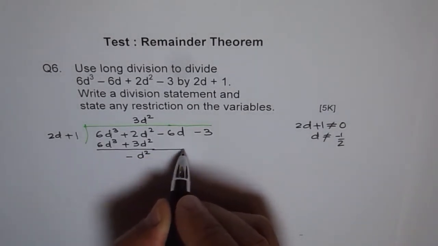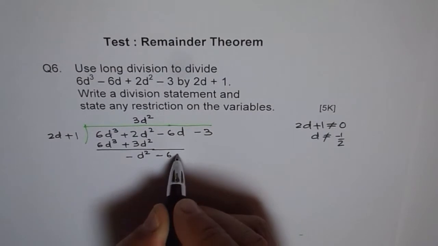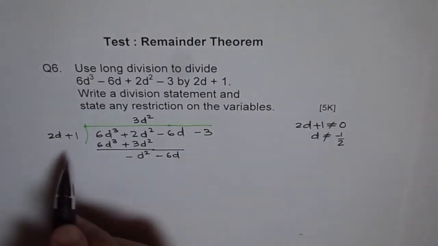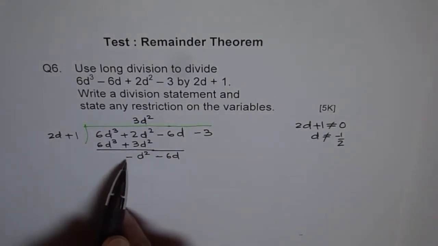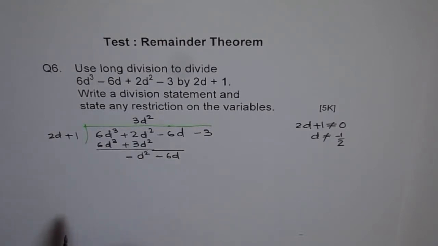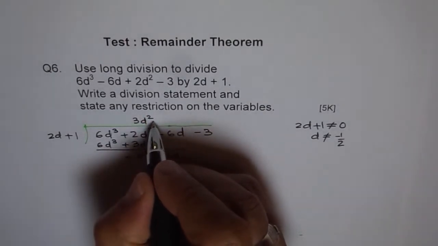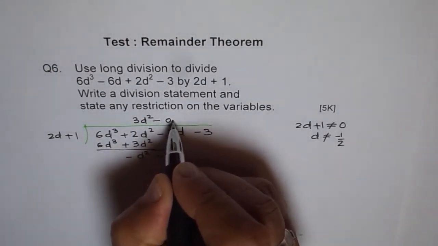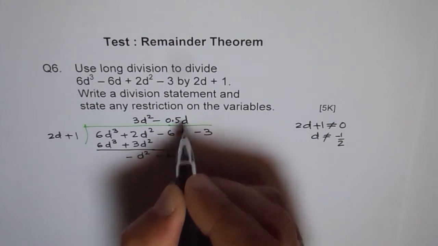Now bring down the next term, which is minus 6d. Now, since this is 2d and here we have minus d squared, it can go half time. So instead of half, let me write 0.5, okay? So say minus 0.5d, right?